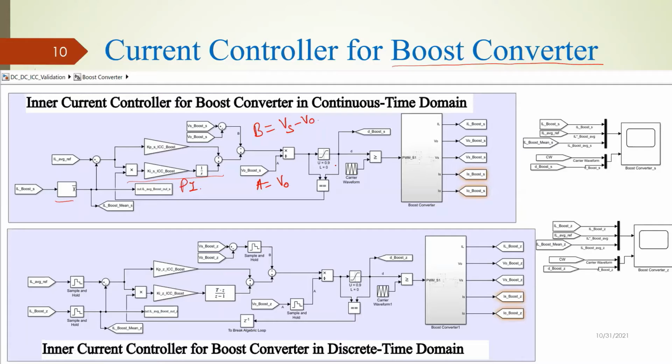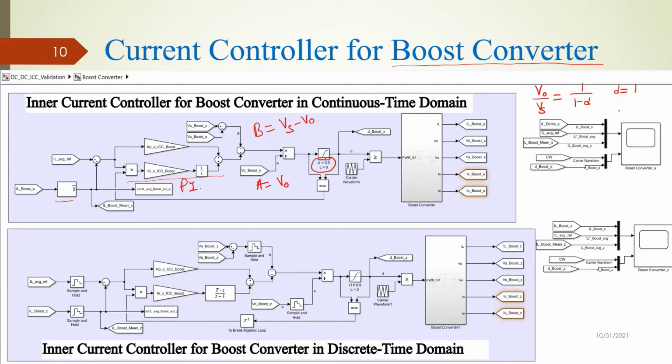But there is one interesting thing I would like to mention. If you carefully see the upper limit of the boost converter duty cycle, I have set it to 0.9. There is a reason, because the ratio between the output and the input voltage is equal to 1 over 1 minus D. Just imagine if duty cycle is equal to 1, then what happens?